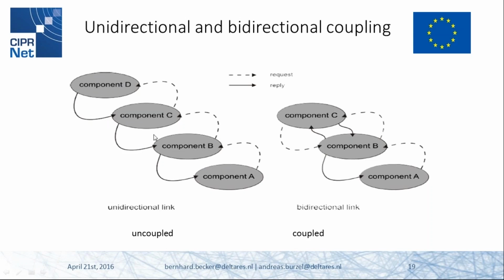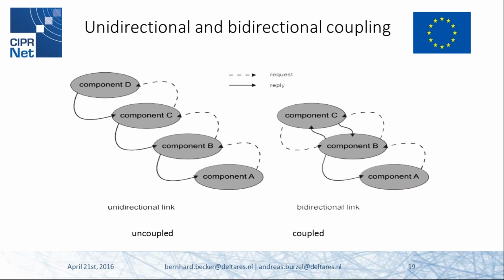C and so on. If we have a coupled situation, like here in this right figure, component B and component C, then we have data transfer in two directions. So model B requests data from model C, but in order to answer that request, model C needs also data from model B. So this means that what component B produces has an effect on the result of model C and vice versa, so that means that we have to exchange data on a time-step basis.